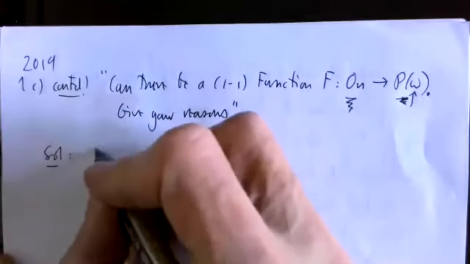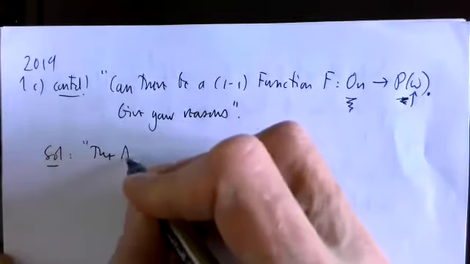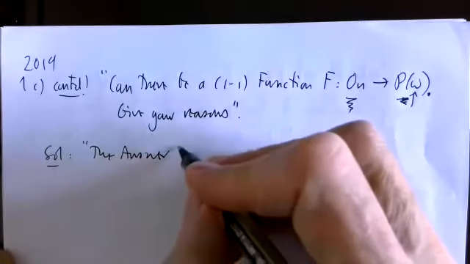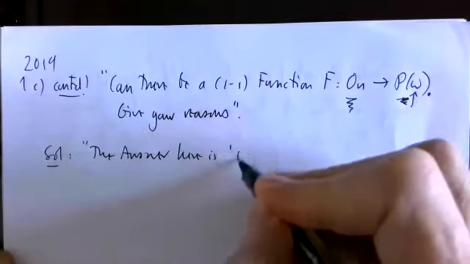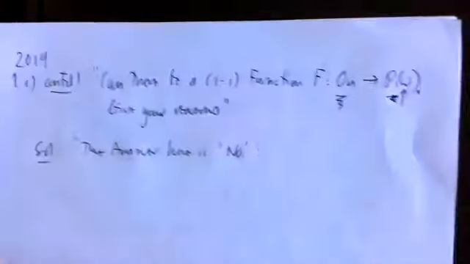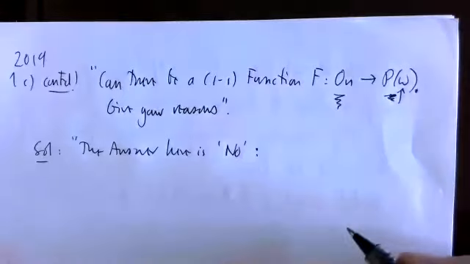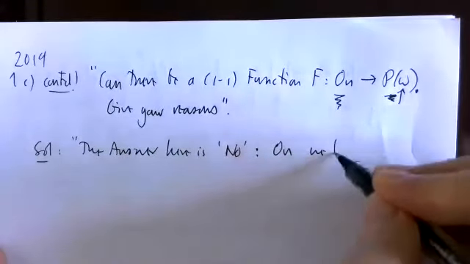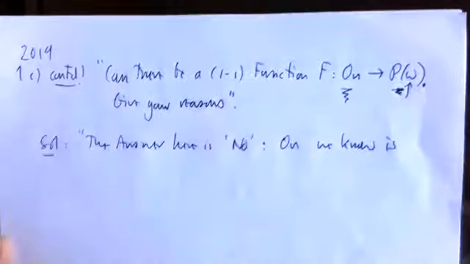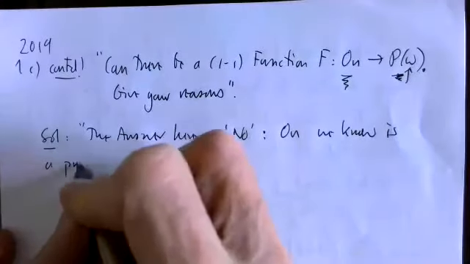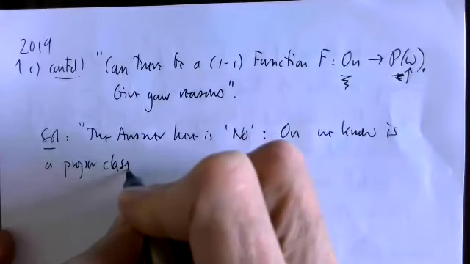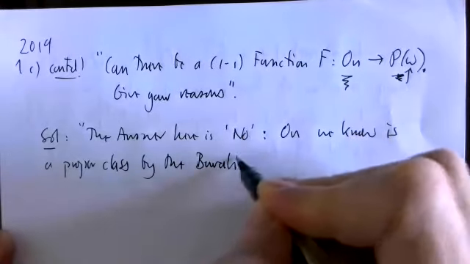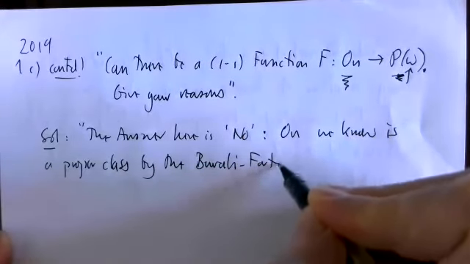So I would say something like this. The answer here is no. And you have to give reasons, right? The ordinals, we know, form a proper class by the Burali-Forti lemma.